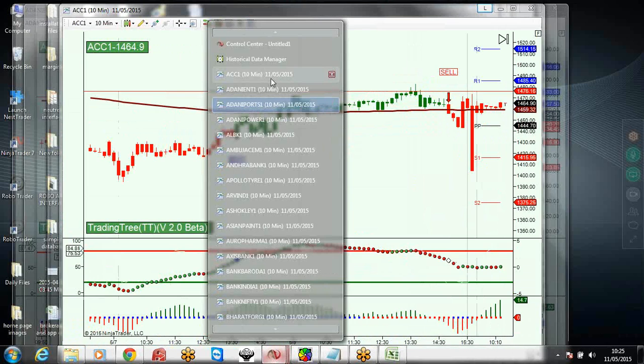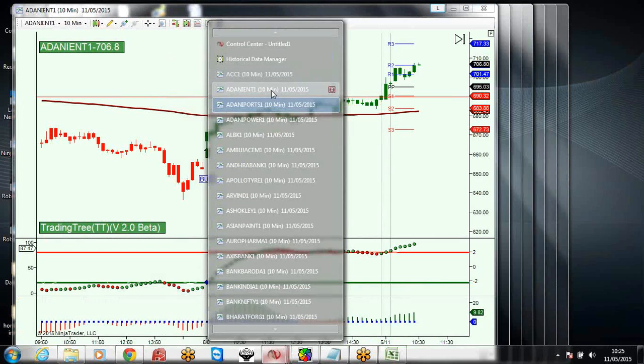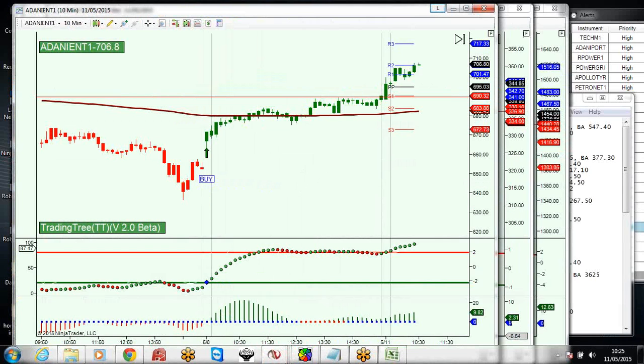I'll give you the trade. So you have an entry here at 670. So always place a trigger for your trade. For Adani Enterprises, let's say if it comes to 673, you will have to buy options, that is at the current market price. So your strike will be 670 for this particular call.